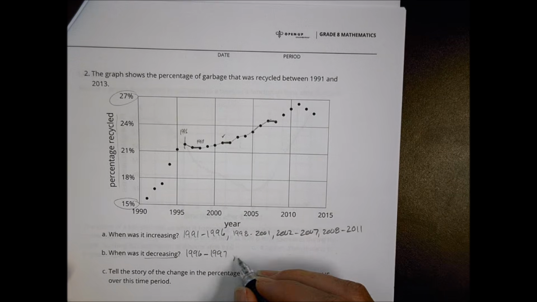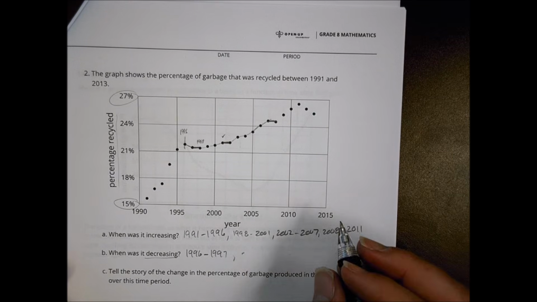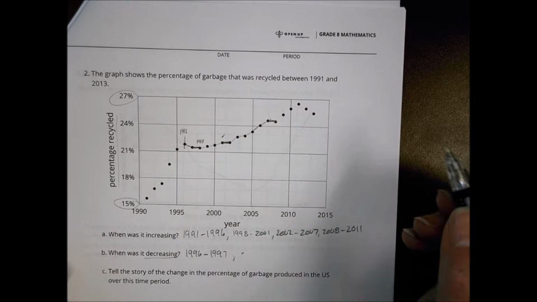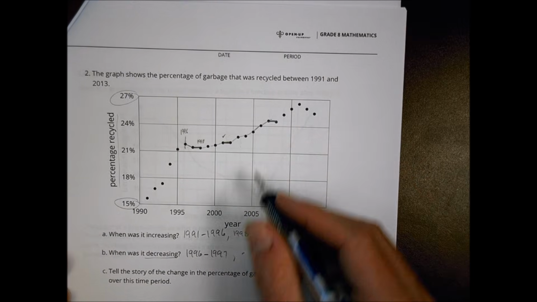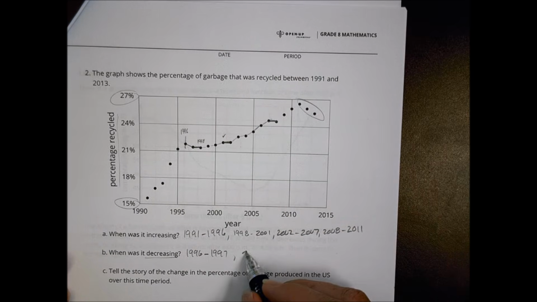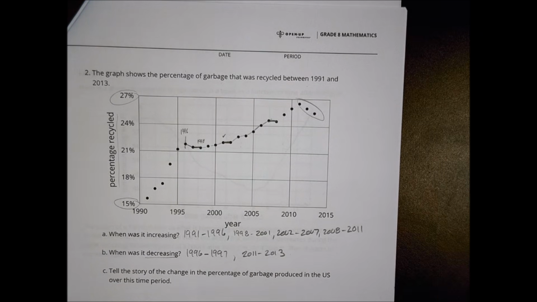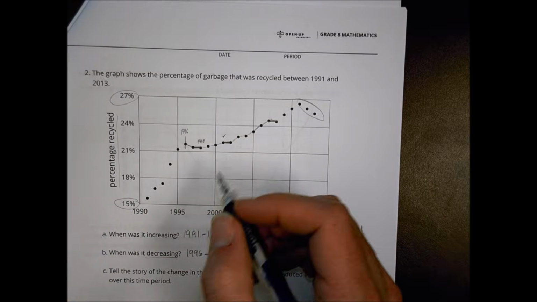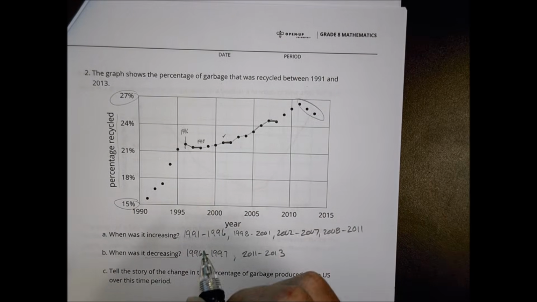We definitely have a decrease though, and we could maybe say that's a decrease or the same. I call it the same for now. Let's go ahead and just use this as our other decrease there, and that's happening from 2011 to 2013. Again, this is just my estimate based upon what I'm seeing. It's not accurate because these points don't have grid lines that tell me exactly where things are at.